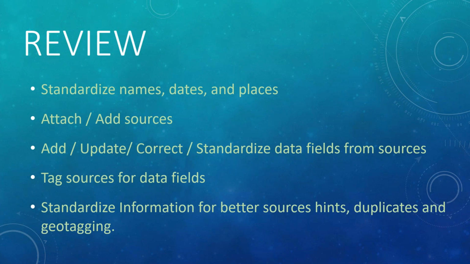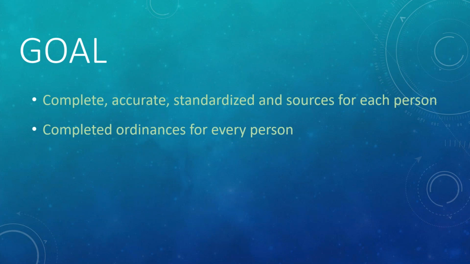And then you want to standardize the information for better source hints, duplicates, and geotagging. And then my goal always is for complete, accurate, standardized information, and sources for each person, and for the whole purpose of completed ordinances for every person. So that's always my goal when I get to any person that I'm working on.